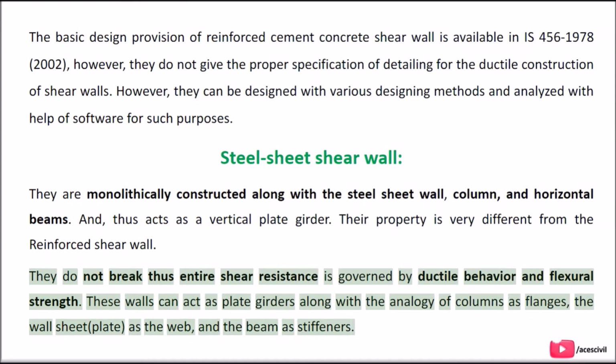They do not break, thus the entire shear resistance is governed by ductile behavior and flexural strength. These walls can act as plate girders, with the analogy of columns as flanges, the wall sheet or plate as the web, and the beams as stiffeners.